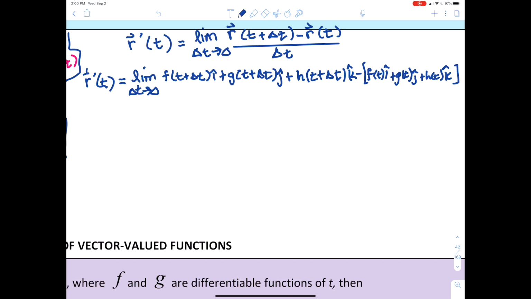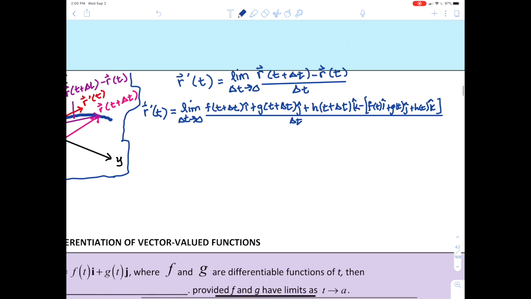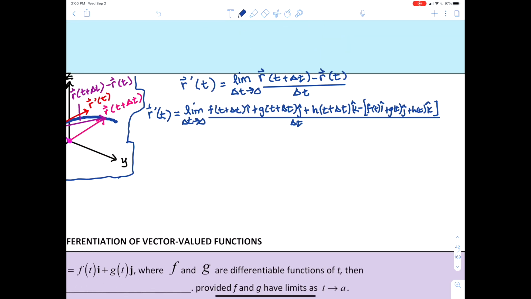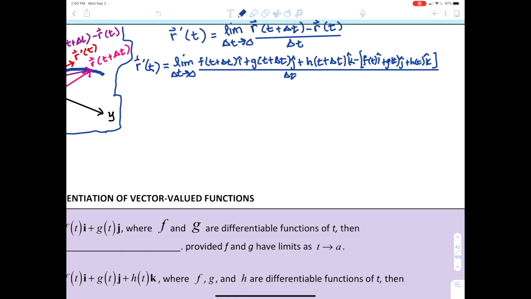Good so far? And all of that stuff is over delta t. But hey, what if we were to get the i's next to each other, and the j's next to each other, etc., and factor them out? So let's check it out.